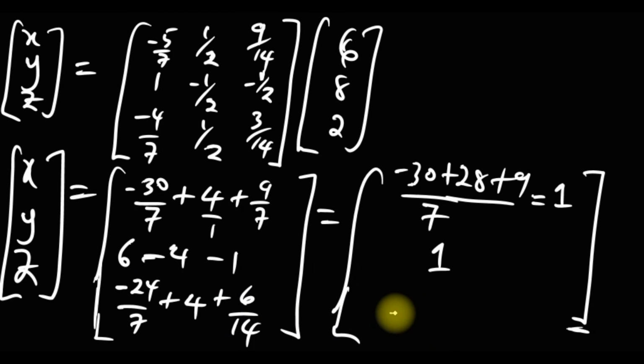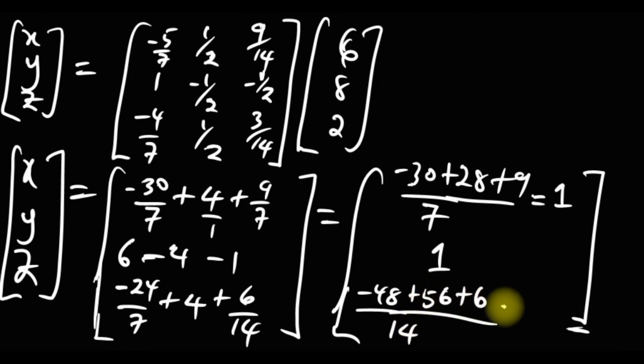For this one the LCM is 14. Minus 48 plus 56 plus 6, which is 62. 62 minus 48 is 14. 14 over 14 is 1.